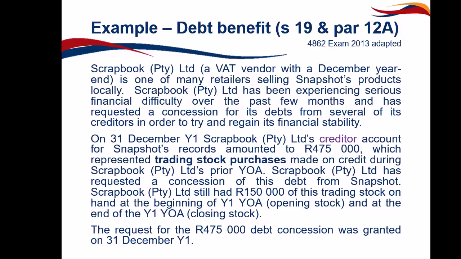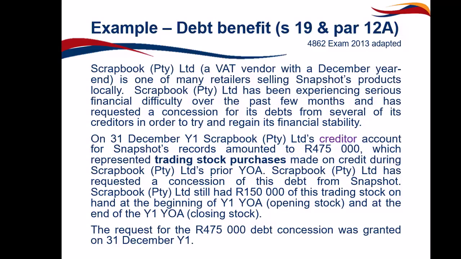So when is section 19 applicable? There must be a debt benefit. When we're reading through the scenario, we want to see whether or not there is a debt benefit, and whether that debt benefit is as a result of a concession or compromise.